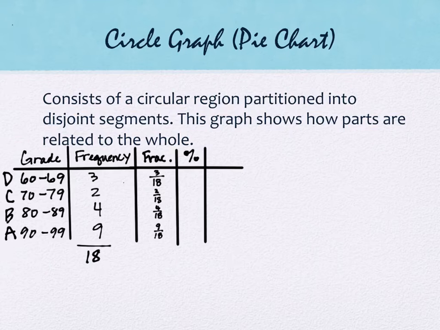All right, so we've talked before about ways that we turn fractions into percents. We're going to take that fractional value and turn it into a decimal. We're going to do the division. Our calculators are just fine to do so, and we're going to multiply by 100. So we're going to take that 3 out of 18, divide in our calculator, and multiply by 100.